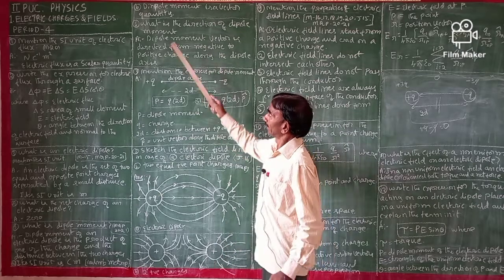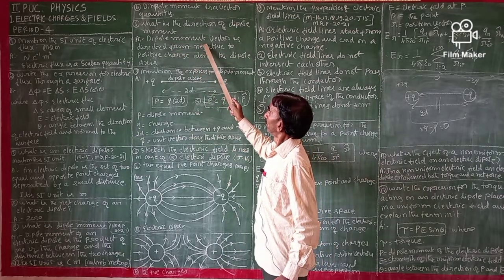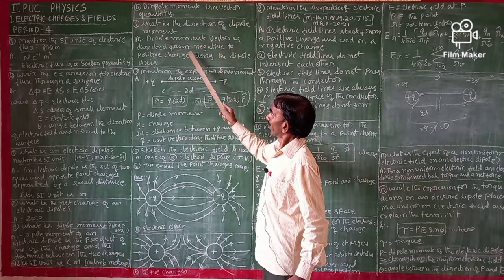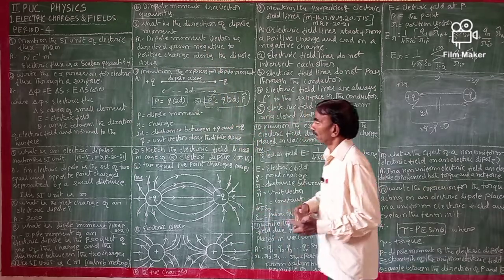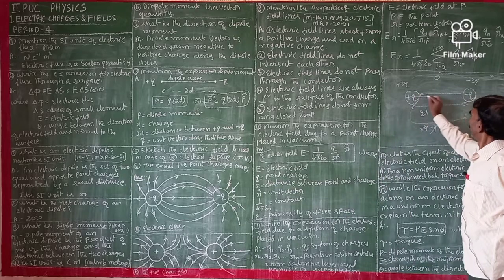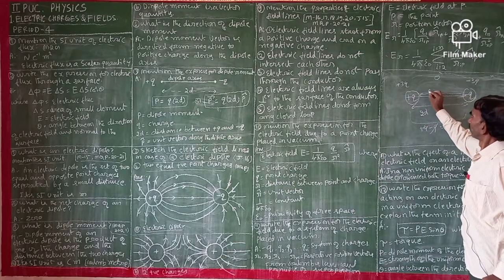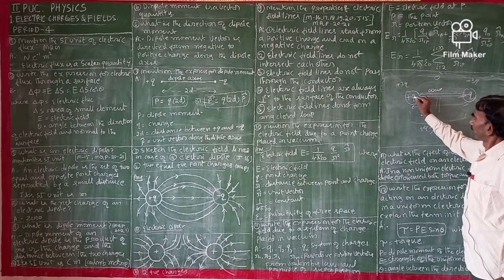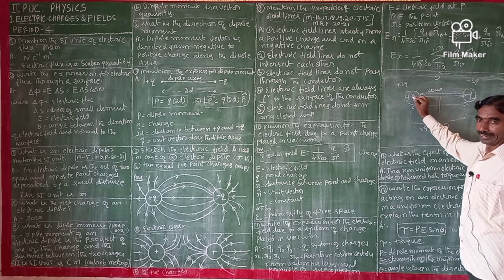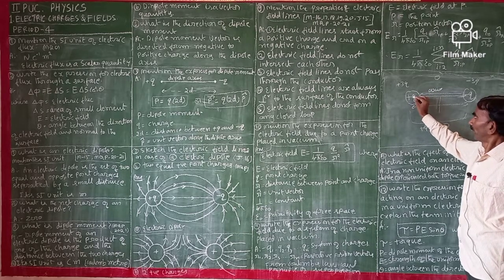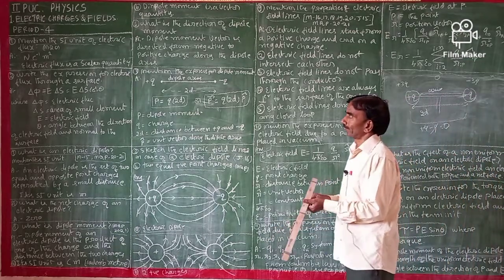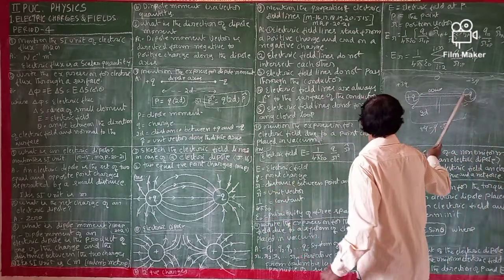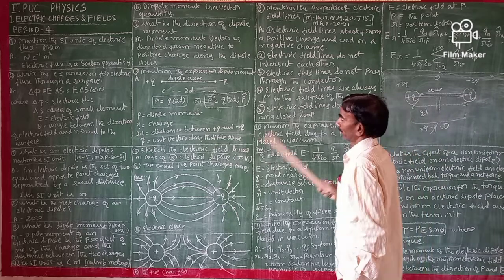The dipole moment vector is directed from the negative to the positive charge along the dipole axis. Dipole axis means, you see, this is the axis: the shortest straight distance between plus q and minus q is the dipole axis.